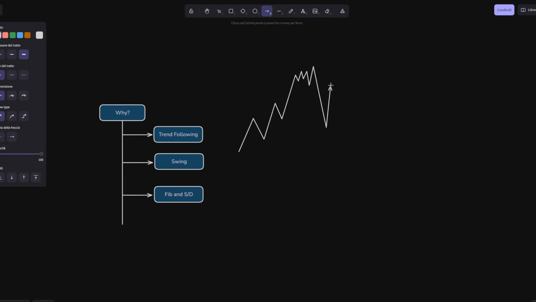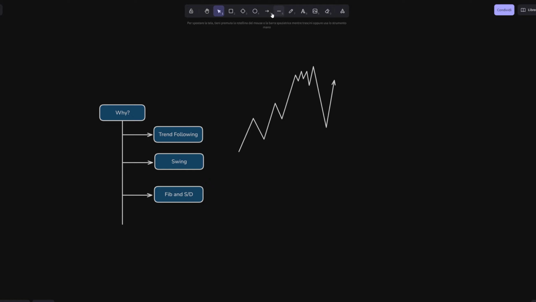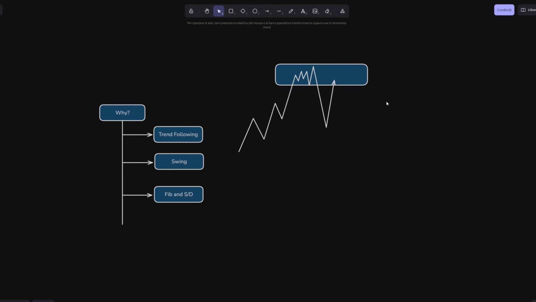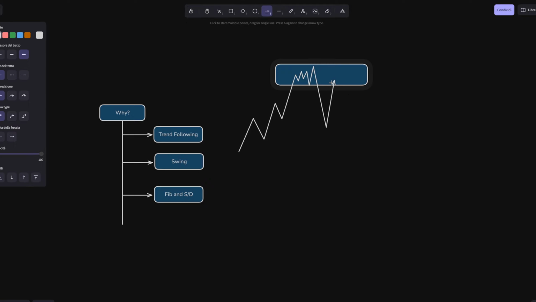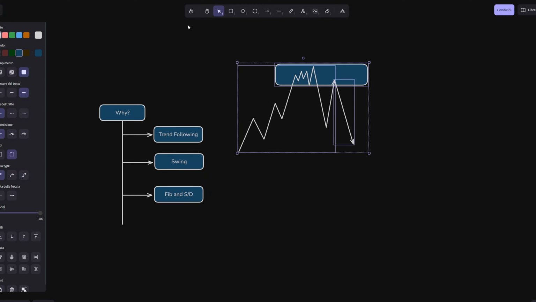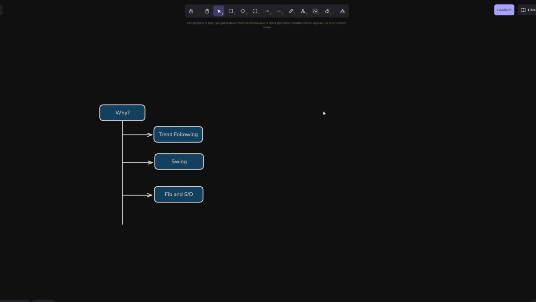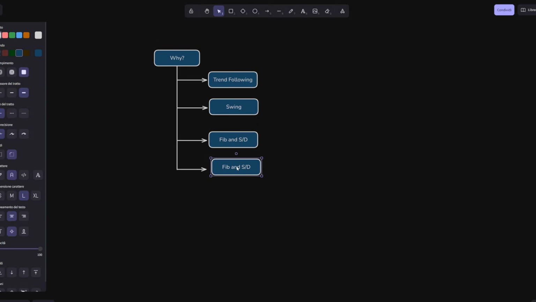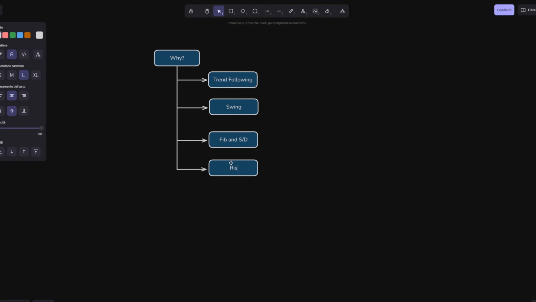What we need to do is wait to reach that zone right here to enter the trade, and it has a high probability of rejecting that level. Obviously it's not that simple, there is a lot to take into account, but the core principle is that. The other thing we'll be defining is the risk management.